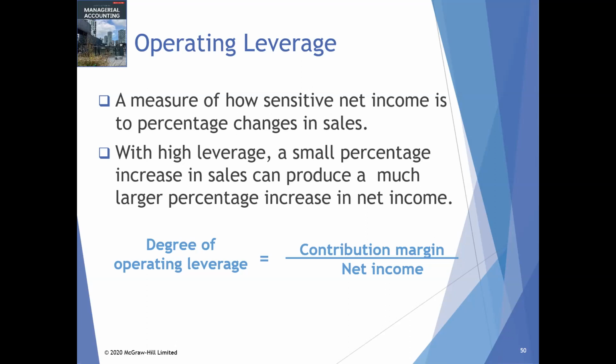With high leverage, a small percentage increase in sales can produce a much larger percentage increase in net income. It means if the leverage is high, a small percentage increase in sale can produce a much larger percentage increase in the net income.